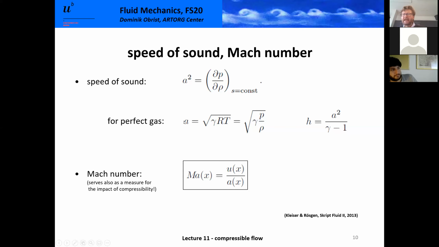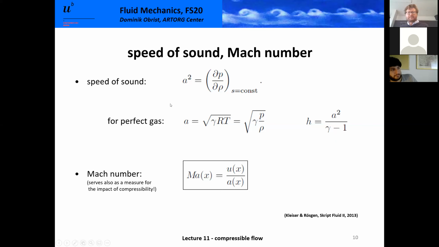For a perfect gas, following these isentropic relations from the slide before, the speed of sound is given by the square root of gamma, this ratio Cp over Cv, times R, specific gas constant, times temperature. Or you can replace RT by P over rho, that comes from the perfect gas law.